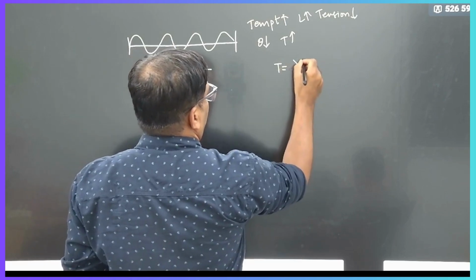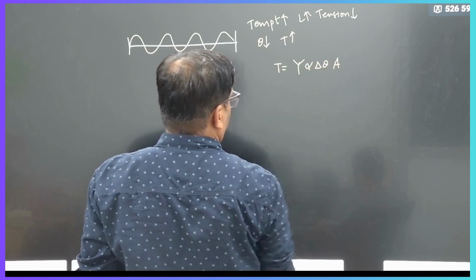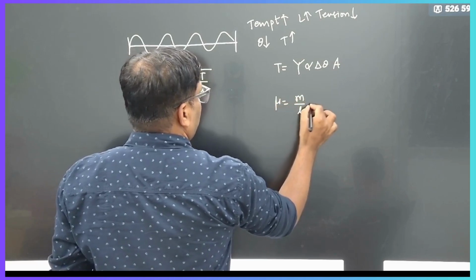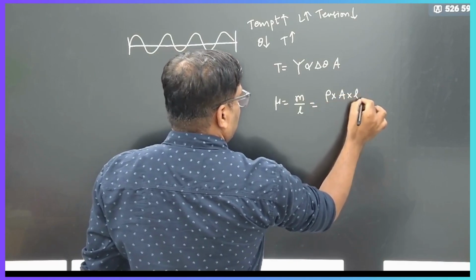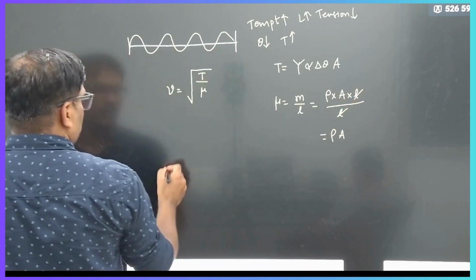Tension is nothing but Y into alpha into delta theta into A. So mu is nothing but the linear mass density, mass per unit length. Mass is density into volume. Volume is area into length, divided by length. Length cancels, so density into area. Both of you can substitute it now.